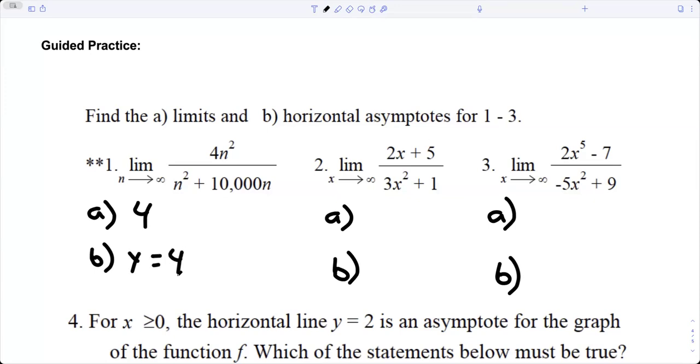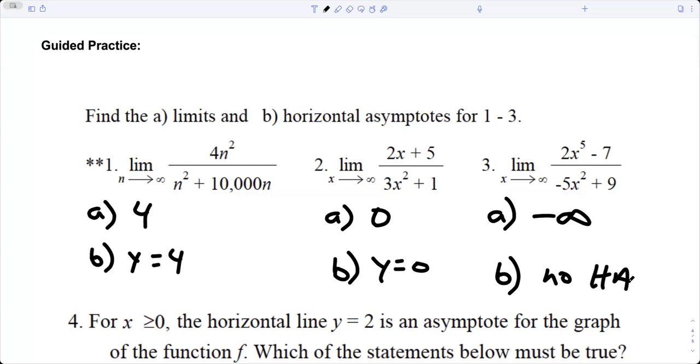There we go. Everybody okay? Number 2. The limit is 0, bigger on the bottom. Horizontal asymptote, y equals 0. All right. Number 3, the value of the limit is negative infinity. No horizontal asymptote.